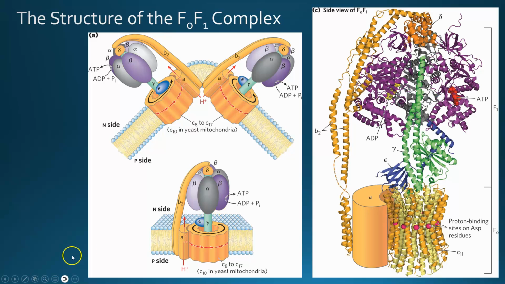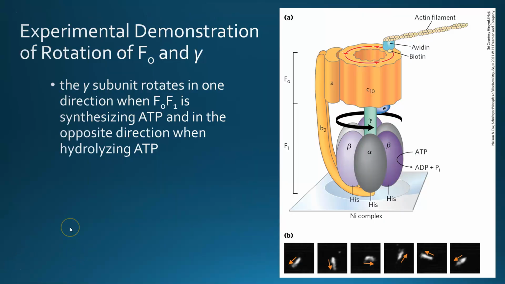This was famously discovered, and the evidence for that was done with an experiment in which an actin filament and a fluorophore were attached to this C ring, and then the enzyme was run in reverse by putting ATP into the system, which causes the C ring to go in the other direction and ATP to be hydrolyzed.